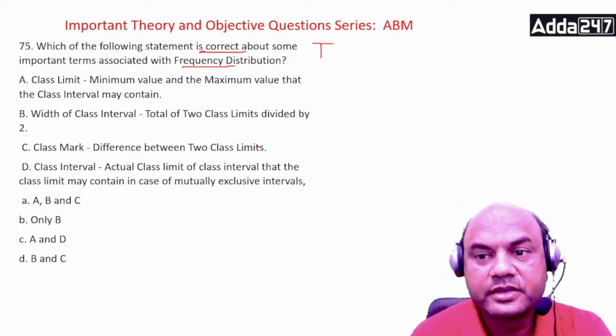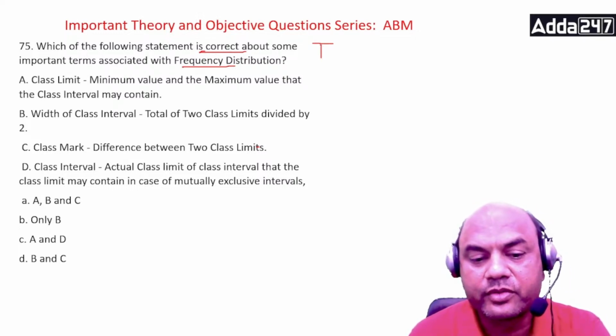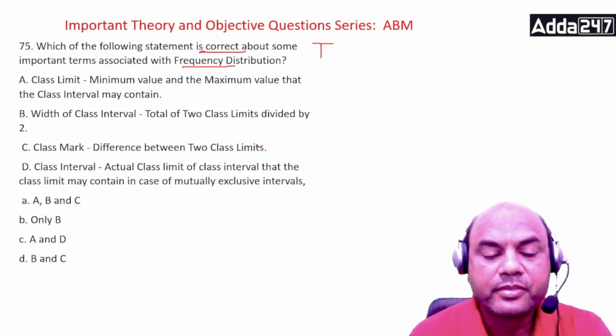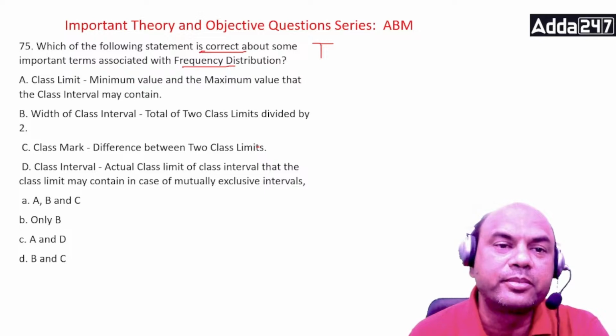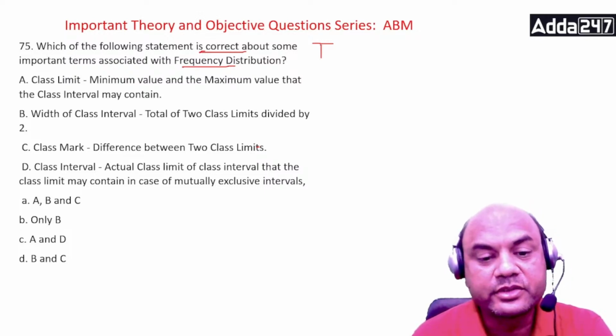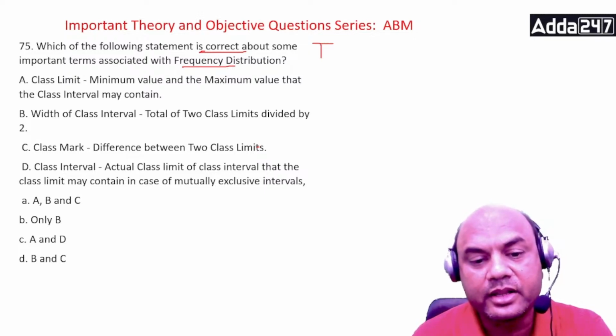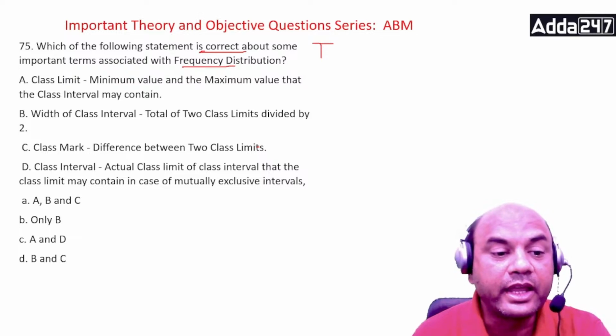See here, firstly let me give you some important definitions. First one is class limit. Class limit means the minimum and maximum value that a class interval may contain. So that's why A is true.